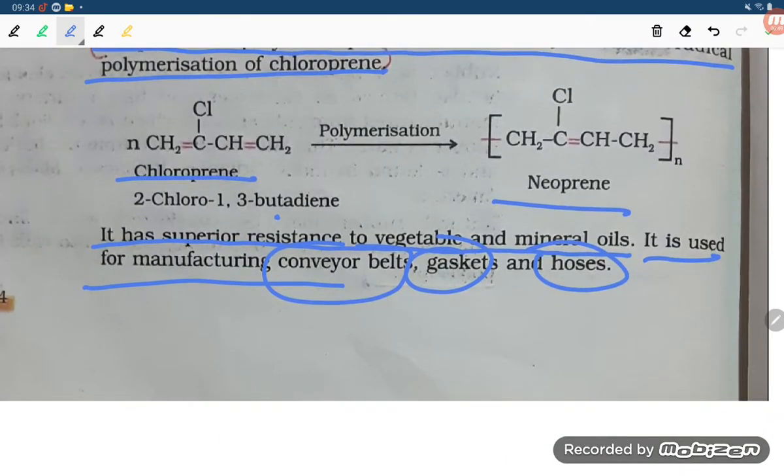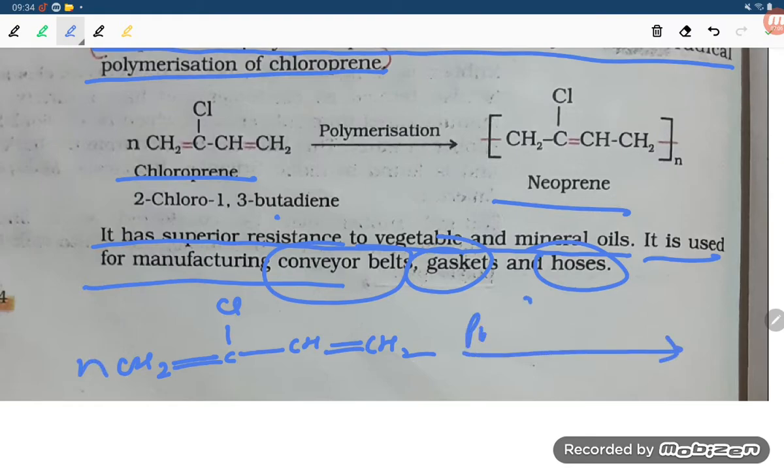How it is forming, students, that is neoprene. You can have a look over it. That is CH2 double bond C, here is Cl, here is CH double bond CH2, right? This is n times, and what is going on is polymerization. If it is going through polymerization, one bond is here, one bond is here, and out of these two, one electron will be moving here and one electron moving here.